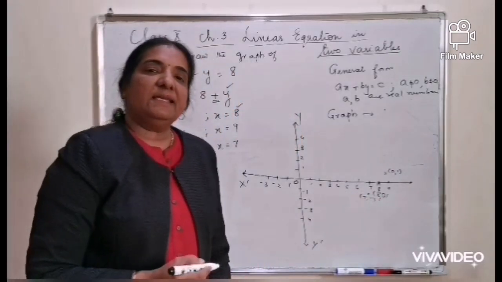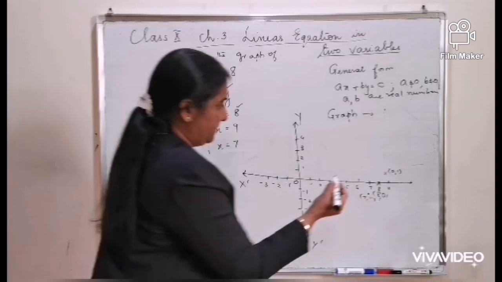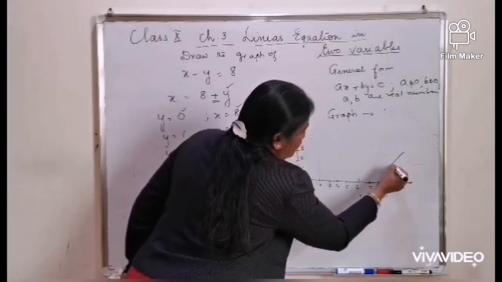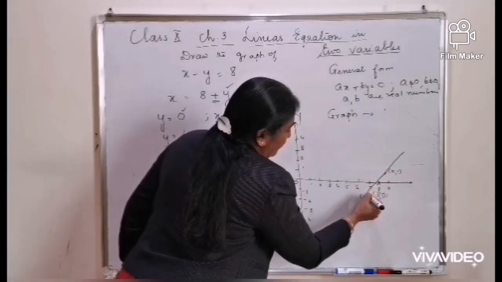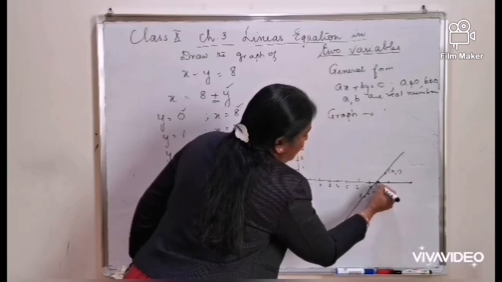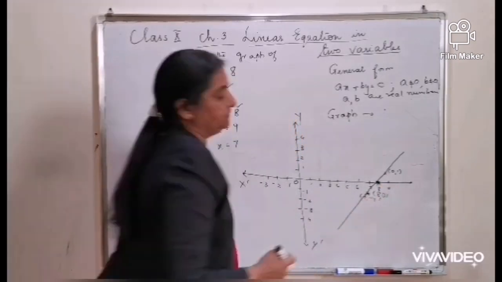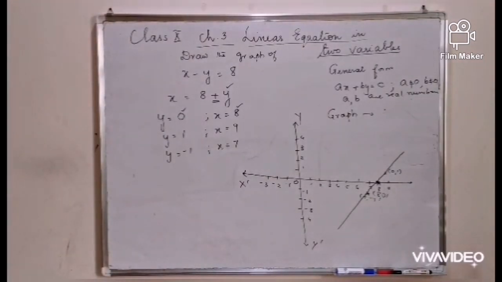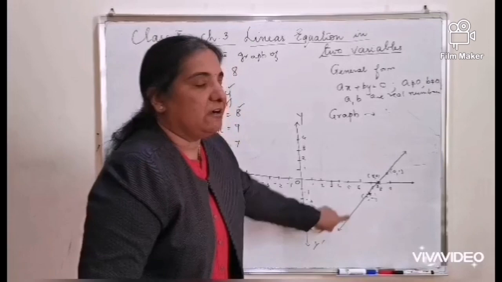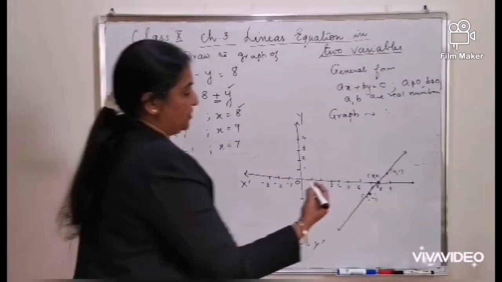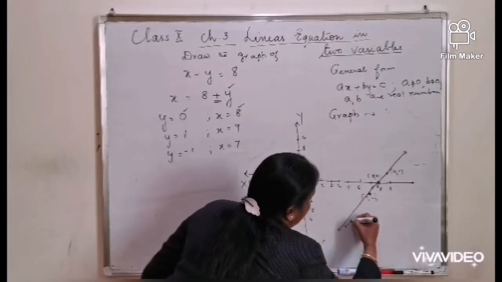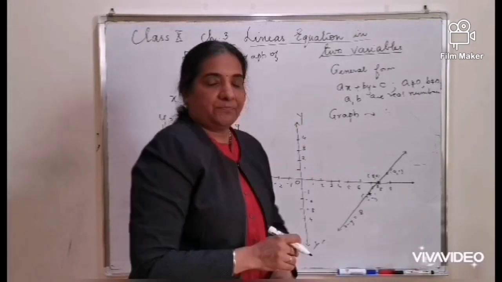If you join these 3 points, you will get a straight line passing through these points. This is the graph representing the equation x minus y is equal to 8.